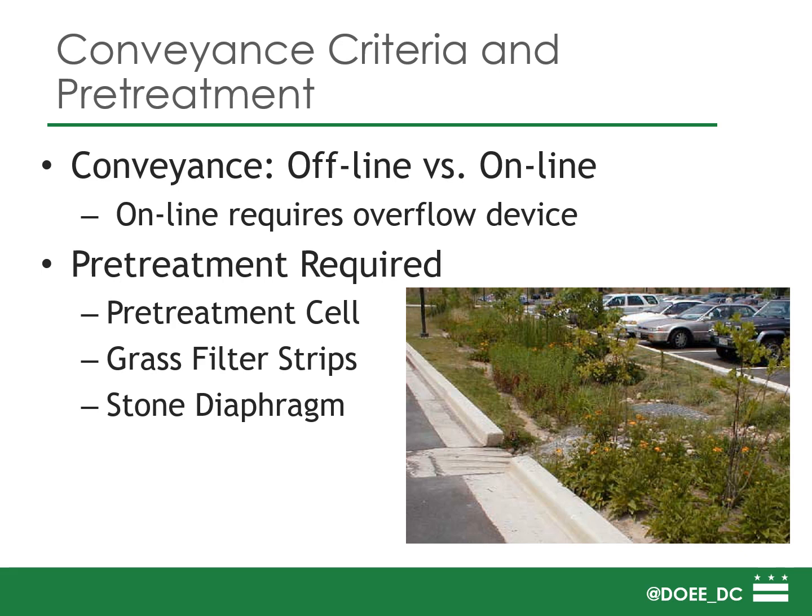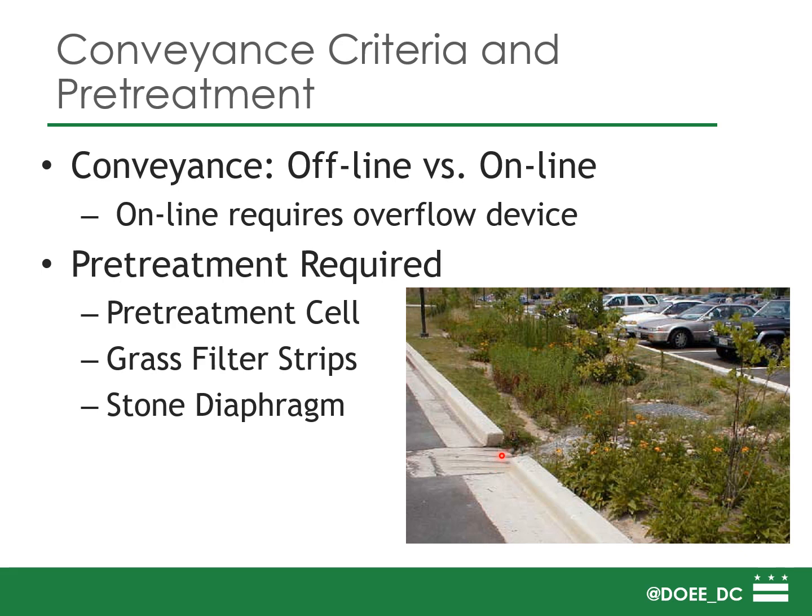Conveyance for bioretention can be done in two ways. There's offline or online. So if you look at this picture here, imagining this curb sloped all the way into the screen, you can see the flow would go down the gutter and then into the bioretention through this curb cut.